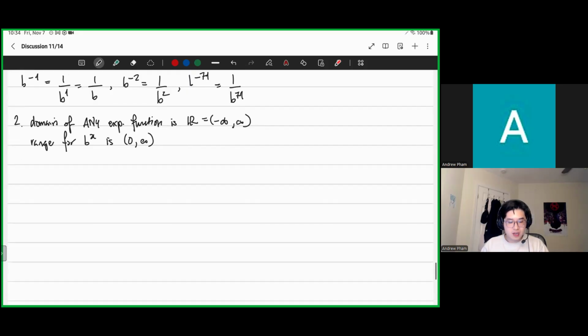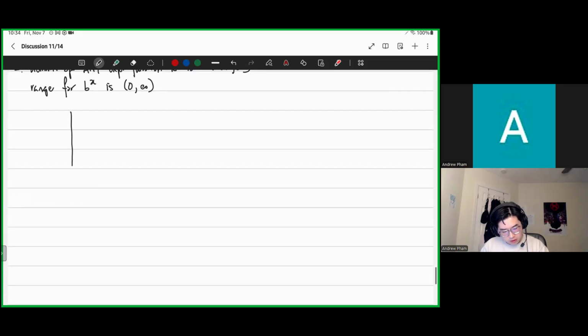And in terms of the graph, your function is going to look like this. We know that anything to the 0 power is just 1. So I have a point at 0, 1. And the general exponential function shape is going to look something like this.